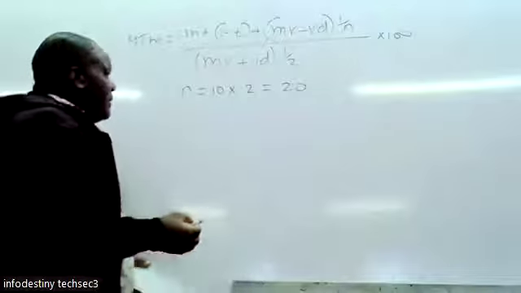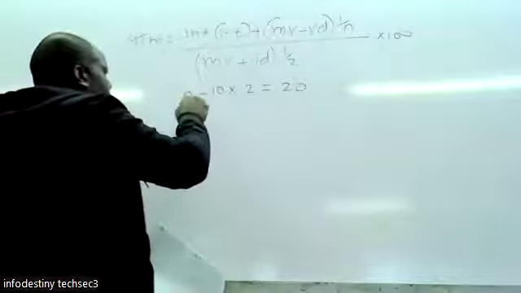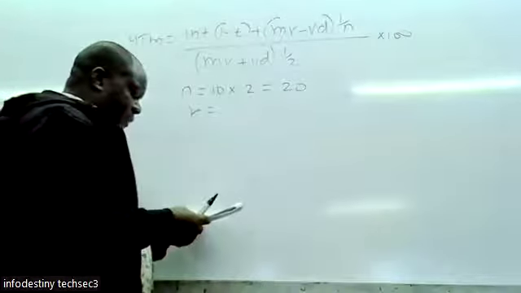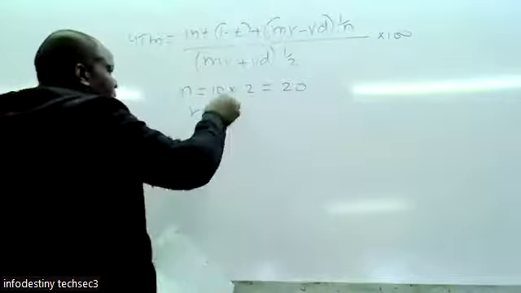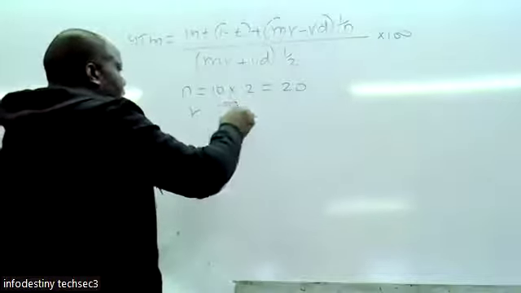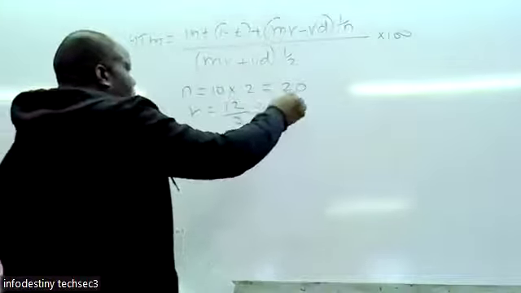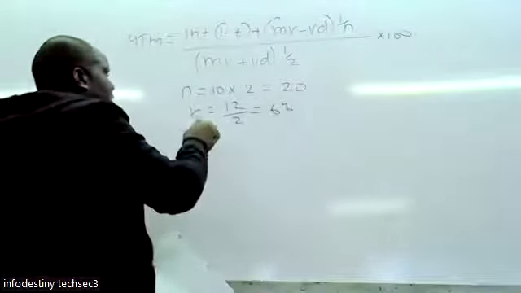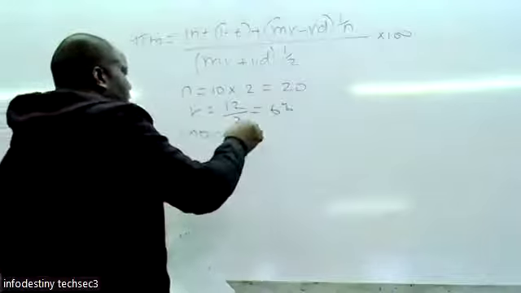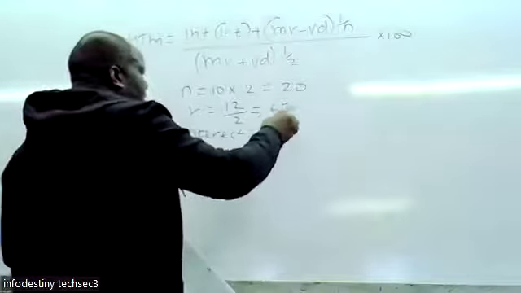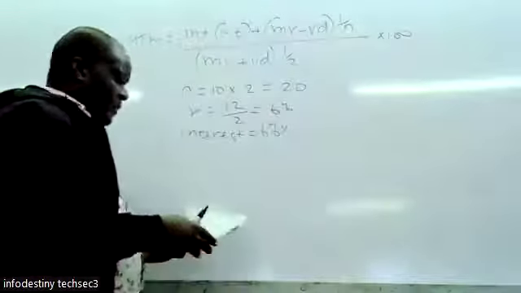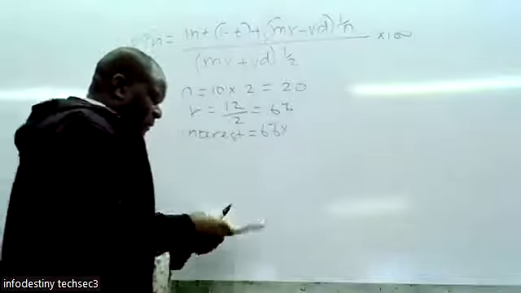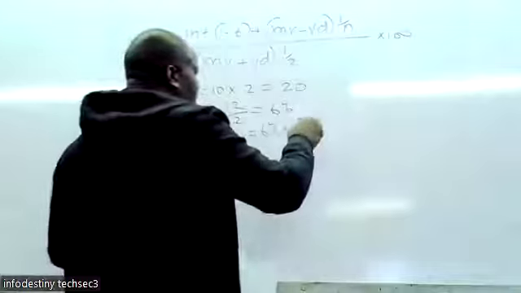Then the other thing is the interest rate. The question had given the coupon rate of 12%, so you take 12 divided by 2. That will be 6%. So interest will be 6% of the par value, and the par value is 10,000.